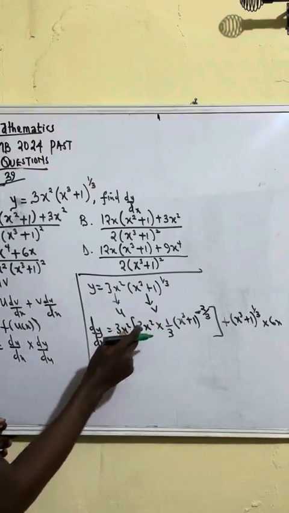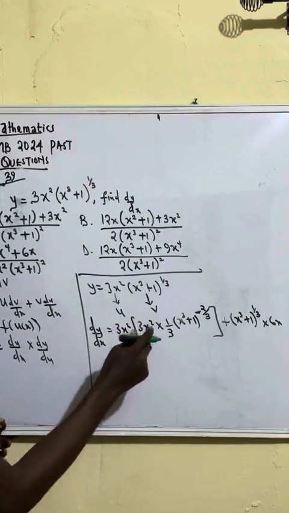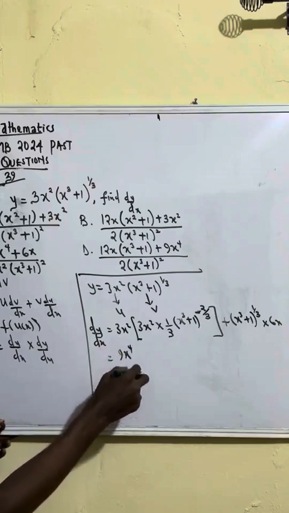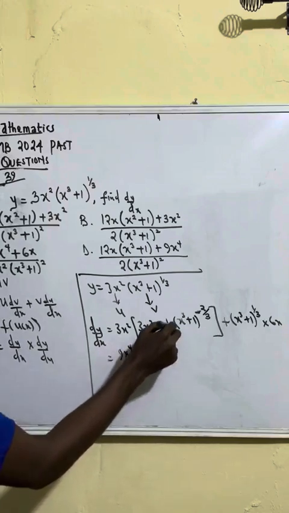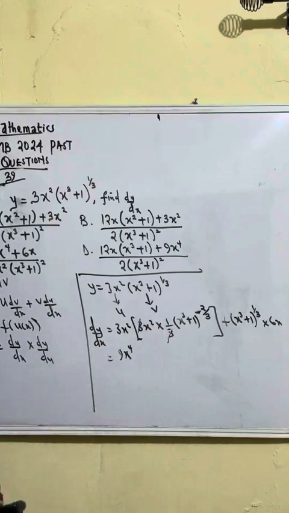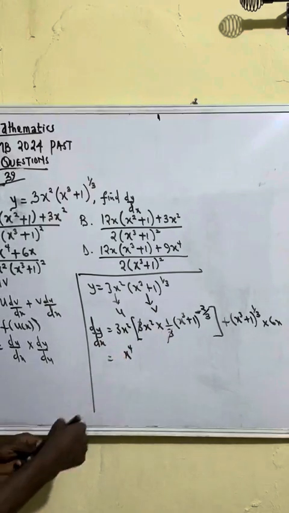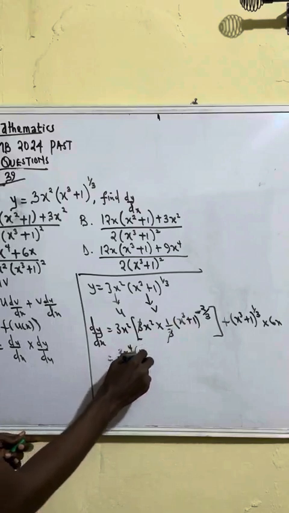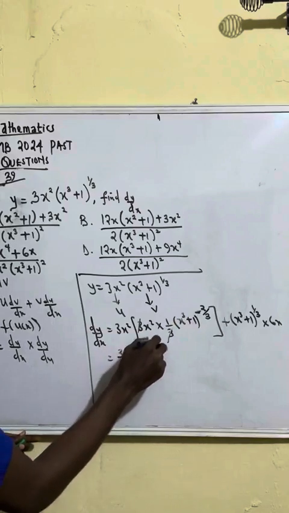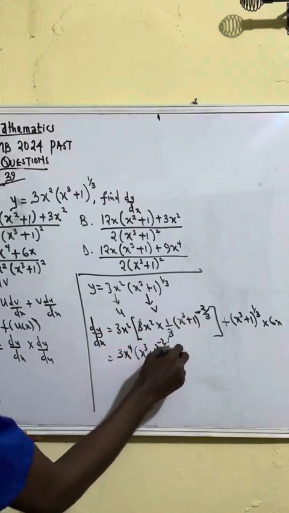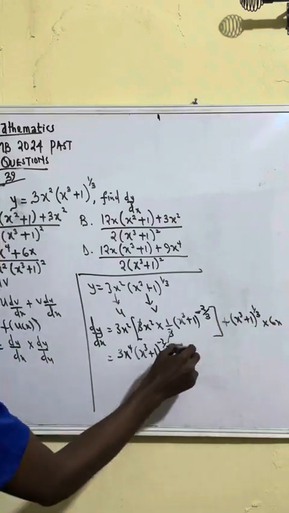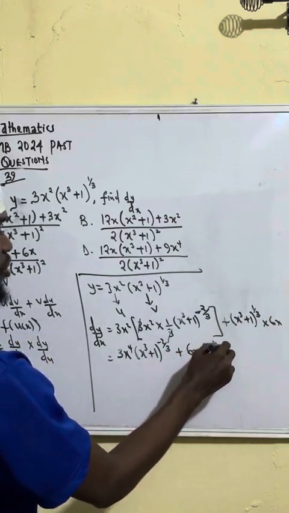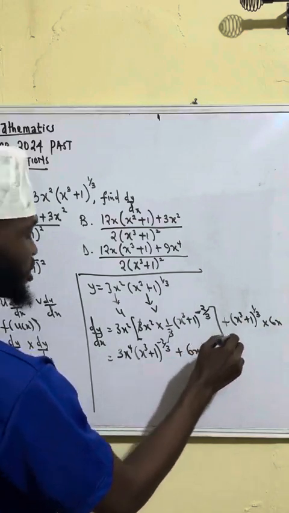We can multiply them together, so I can just have 3x raised to power 4 times (x cubed plus 1) raised to power minus 2 over 3, plus 6x times (x cubed plus 1) raised to power 1 over 3.